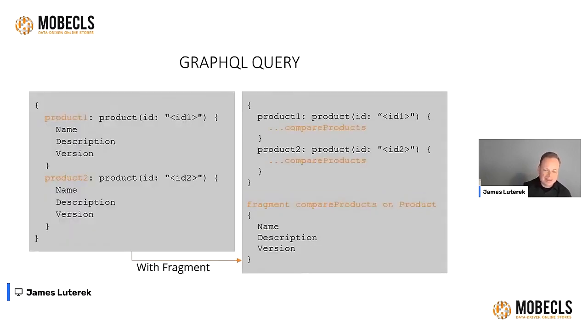So for products, maybe every single time you get a product, you want that name, that description, and you want to know what version you're on. Well, you can put that in a fragment and shorten your code up. So now when you get the two, you're just putting in that fragment and then you're specifying what those fields are. So it's a great way to shorten your code, especially when you're dealing with lots of different queries and you're reusing that field list.